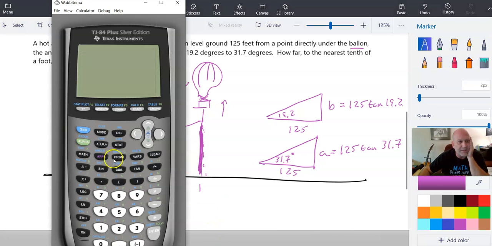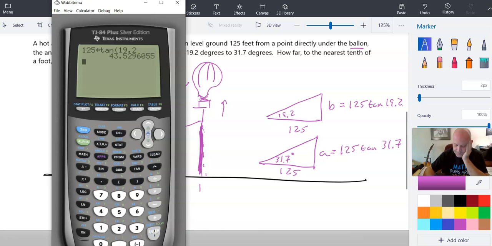So let's see here. We got this guy again. Clear that off because we're on a new problem. So we have 125 times tangent 19.2, and make sure that you're still in degrees.